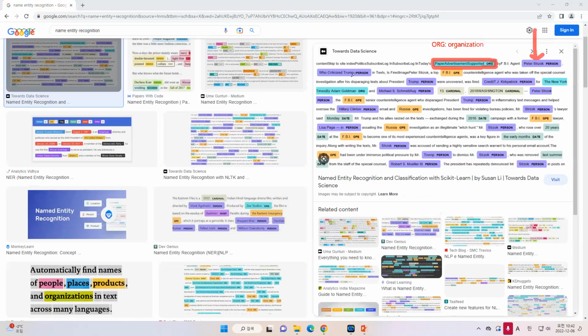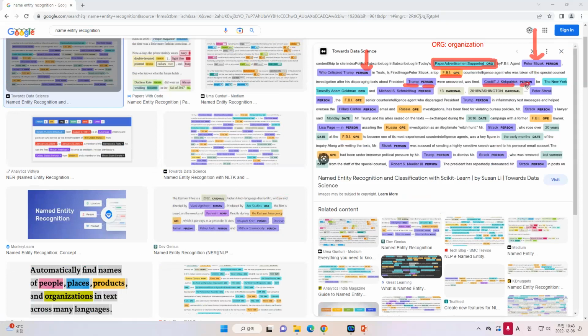Okay, who criticized Trump? This is a person. And then FBI, this is an organization, or a government entity. And then Trump, this is a person.